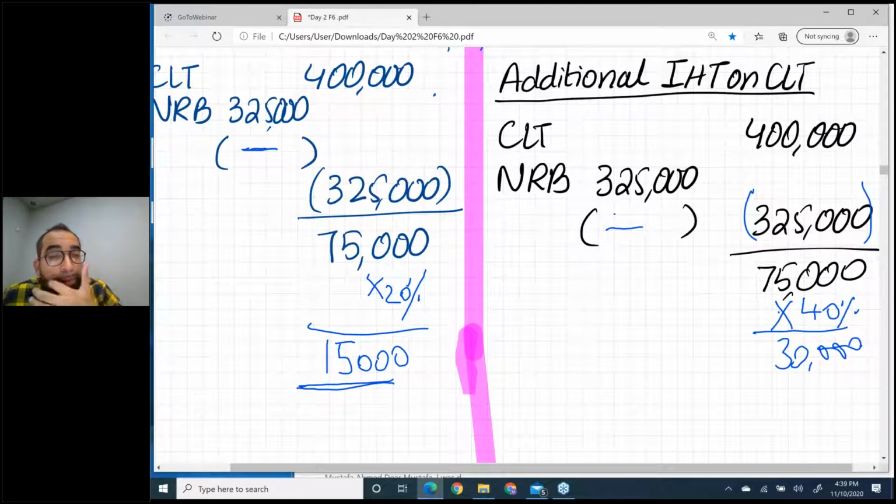Now one more thing. I hope you remember the taper relief. For taper relief, always count the gap between date of gift and date of death. Date of gift was 1st July 15, and date of death was February 2020. Let's count. From 1st July 15 to July 16, 1 year.